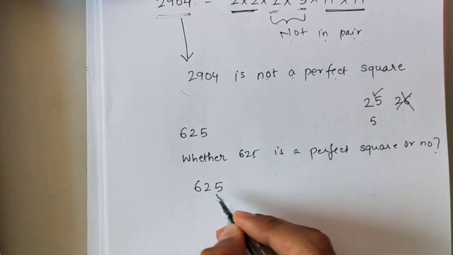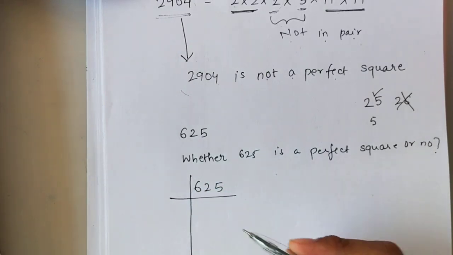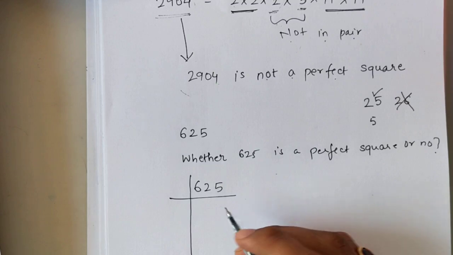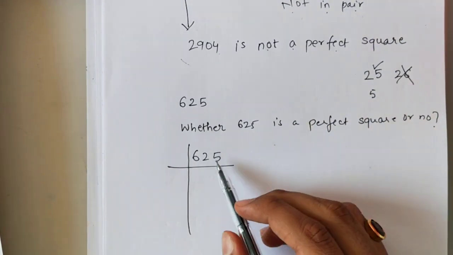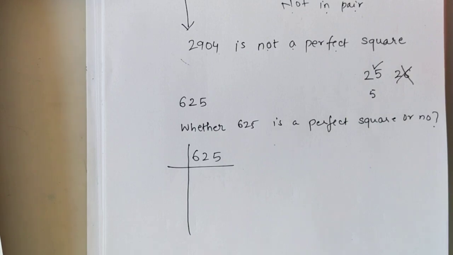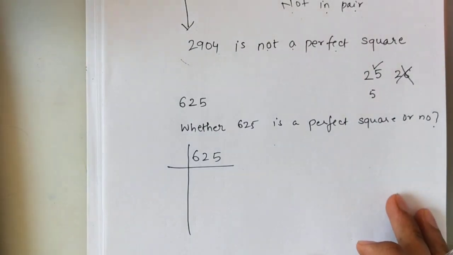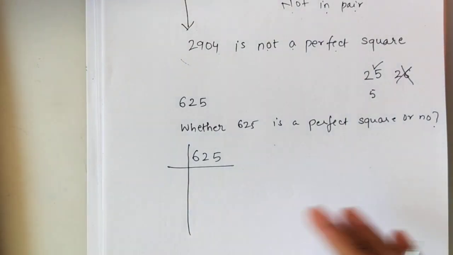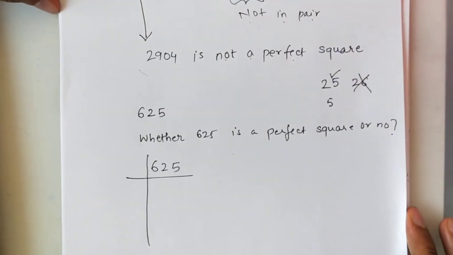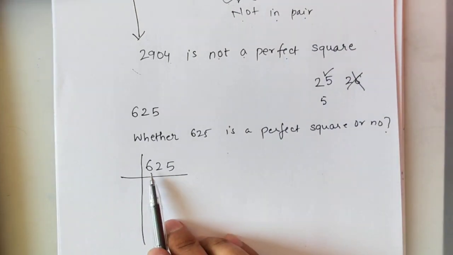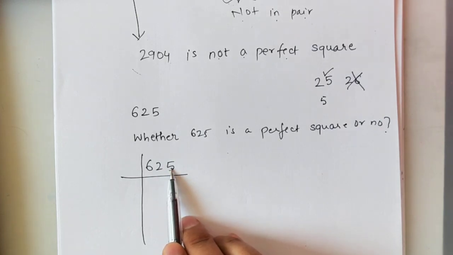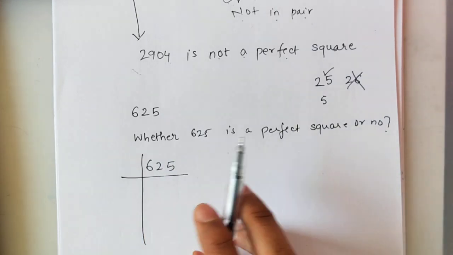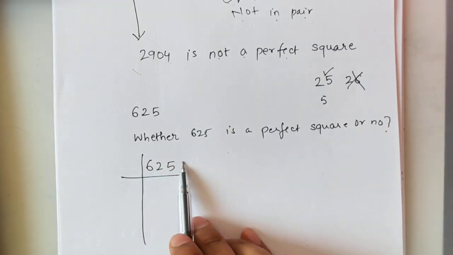Again, I will do the prime factorization with 625. 625 is not divisible by 2, so I cannot start with 2. 625 is not divisible by 3 also. You can check this. Like I've given you a trick, add the numbers. 6 plus 2 is 8. 8 plus 5 is 13 and 13 is not divisible by 3. So this is not divisible by 3.